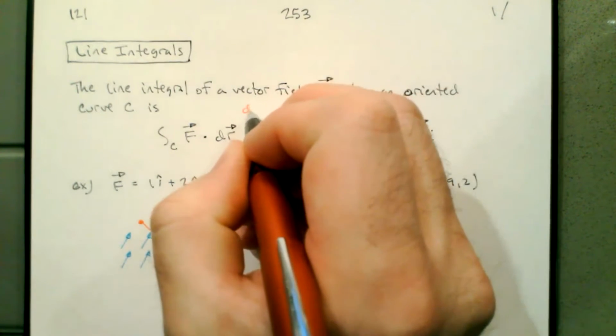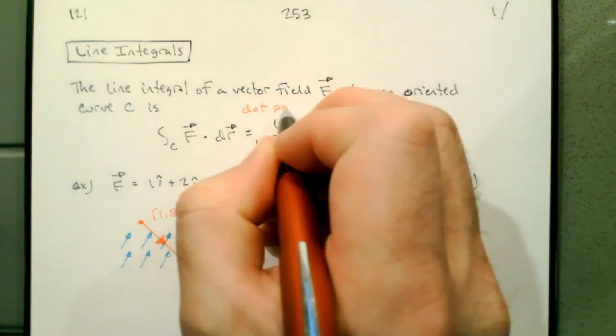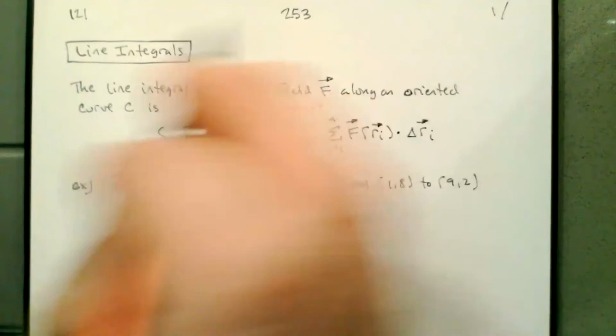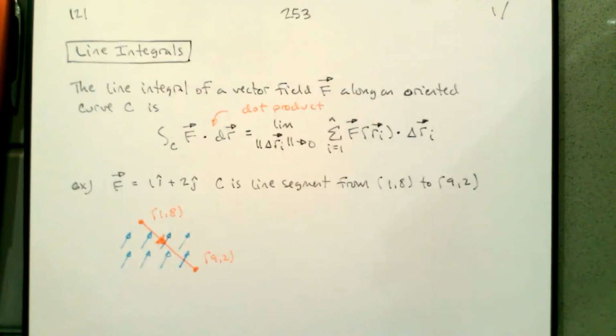So that's the cool thing that we've introduced by upgrading our functions to vector functions: our multiplication is going to be a product of vectors, and so we're going to calculate a dot product. That's our multiplication for this integration. So instead of just f of x times dx with regular old scalar multiplication, we have the vector field F dot dr.